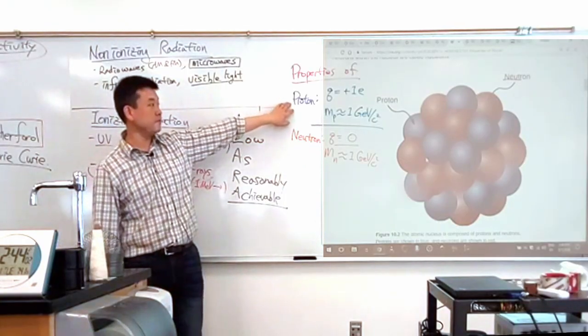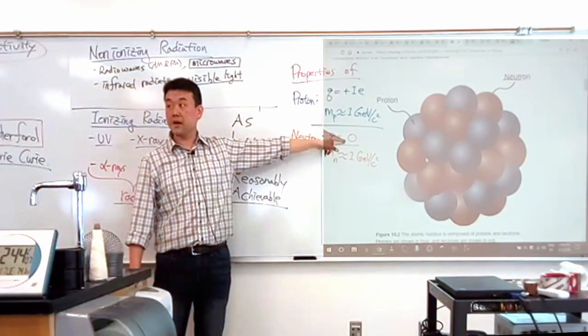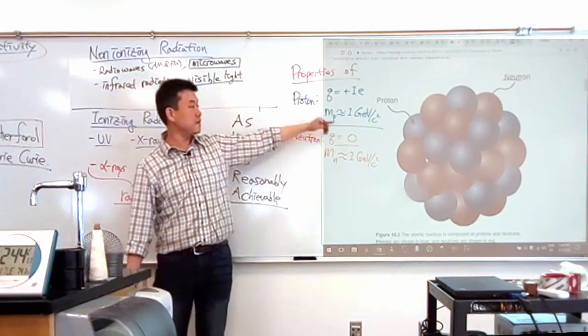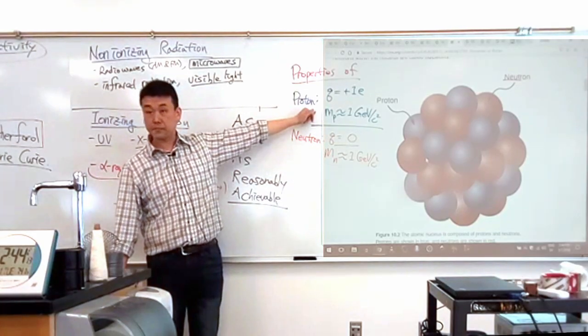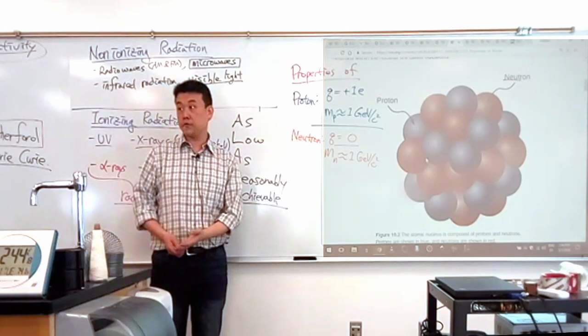There must be a particle that has charge, and there must be a particle that has no charge. And the pattern you see makes most sense if you assume that these two particles are very similar. And this is where the idea of isotope comes from.